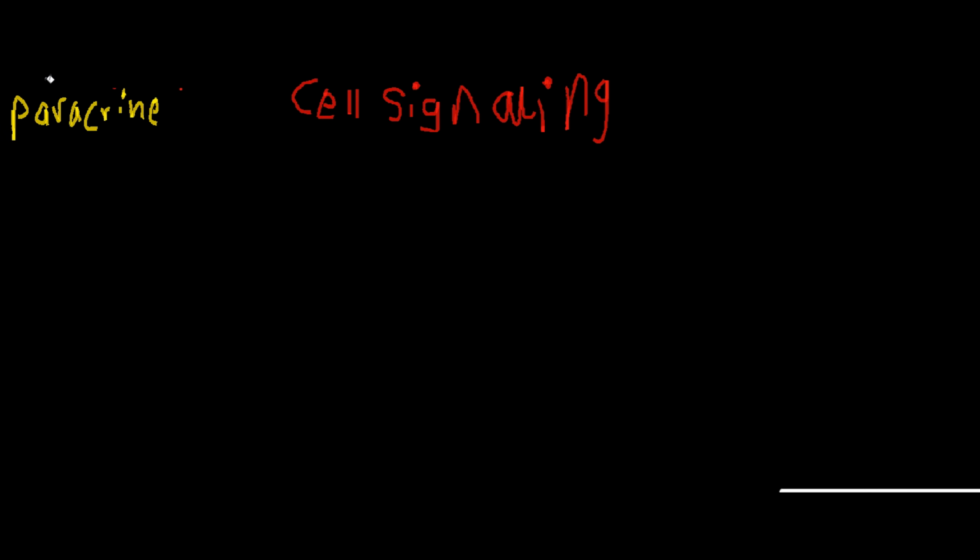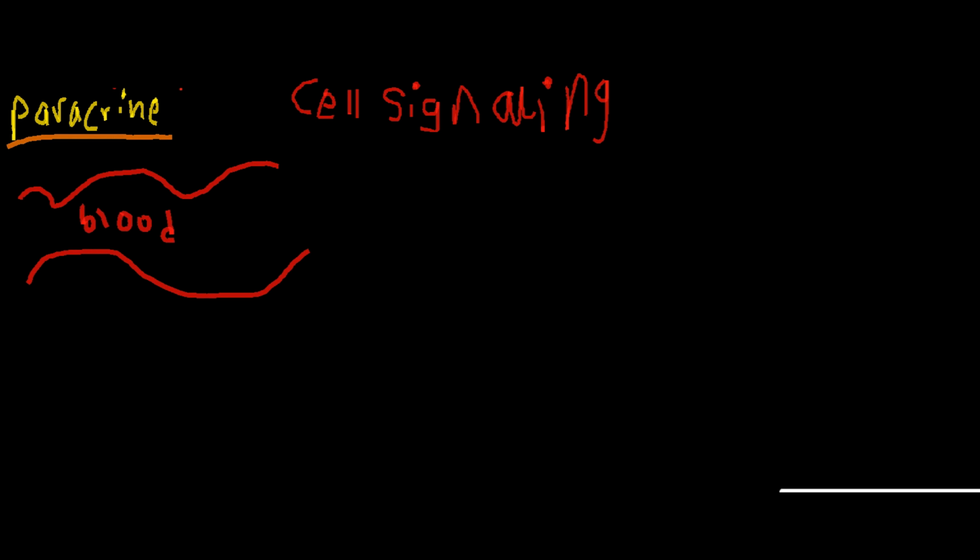So for paracrine cell signaling, let's say you have an ordinary good old blood vessel. So let's call this blood.